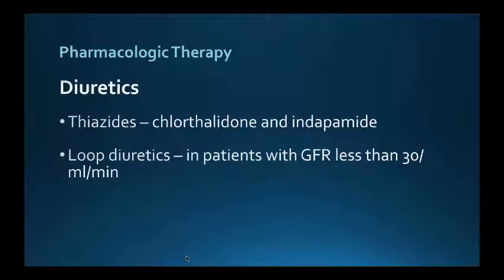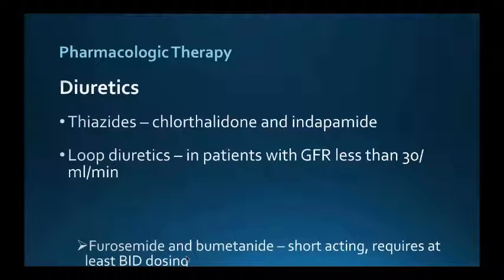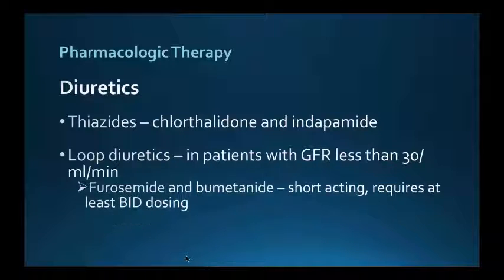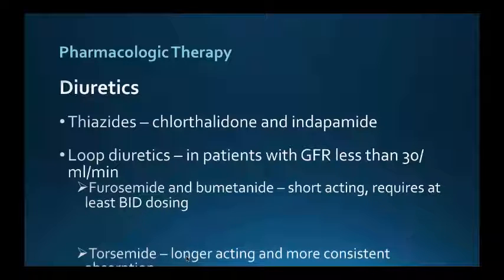But if the patient's GFR is less than 30 ml per minute, thiazides become less effective and loop diuretics will be required. You could use furosemide or bumetanide. These are short-acting diuretics though, so they need to be dosed at least twice a day for effective blood pressure control.